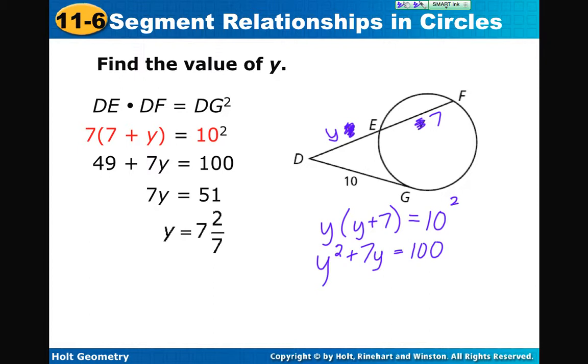How would you solve that? That's one of those quadratic formula problems. So you would have to subtract the 100 before you pick out your A, B, and C to use on the quadratic formula. I'm not going to have you completely solve that, but just be aware that type might come up depending upon where the variable is in the problem.